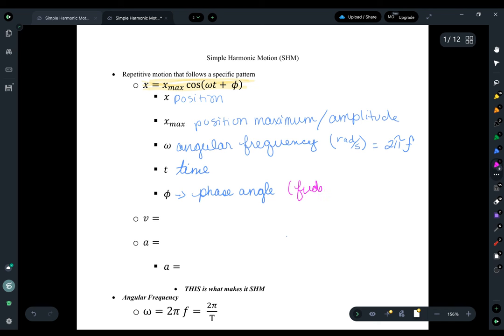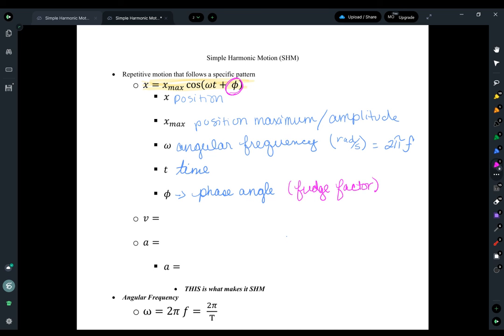This is the term that we put into our equation, okay, that if the time is equal to 0, and remember, cosine of 0 is 1. So let's say that we want it to actually start at the equilibrium position instead of at the maximum position, or maybe it's in the minimum position.